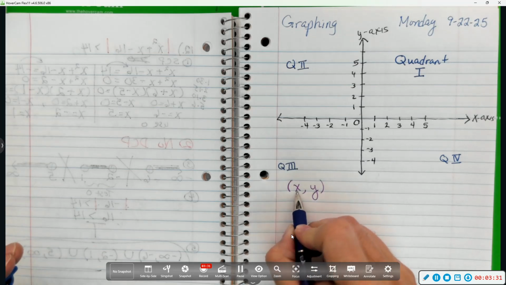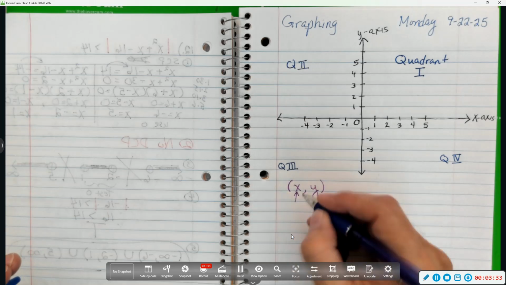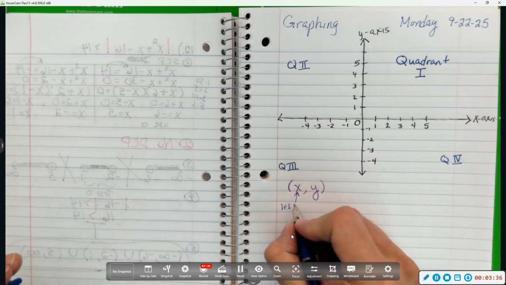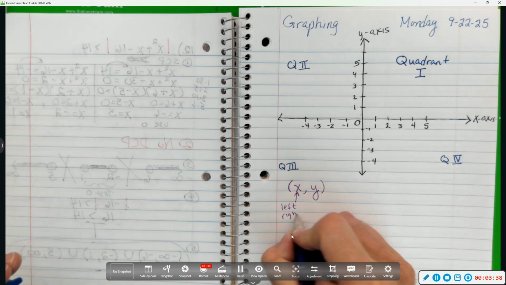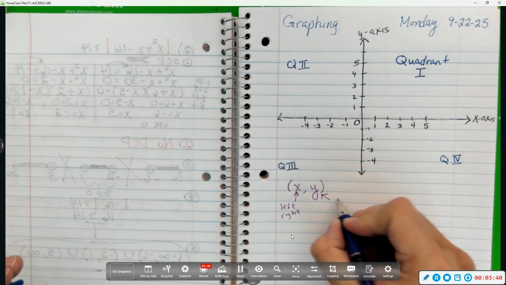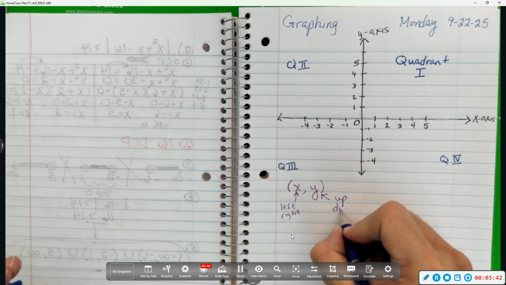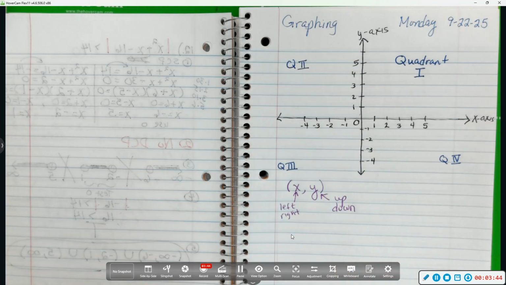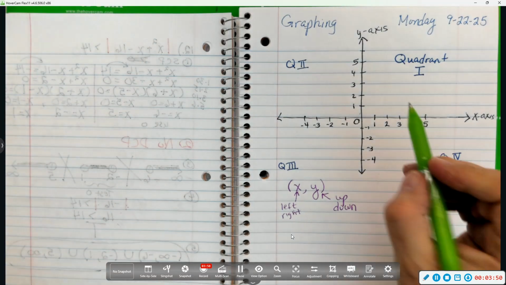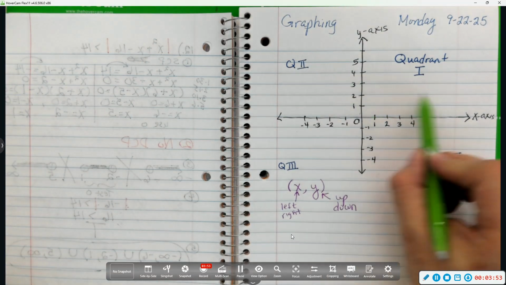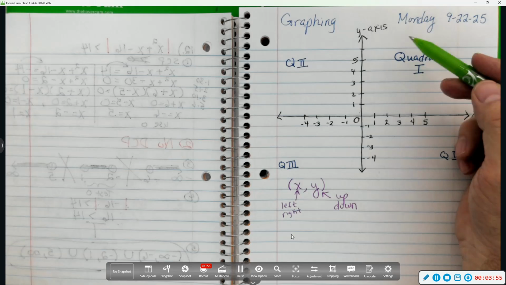The first number x tells us the left-right movement, and the second number y tells you up or down. If you had graph paper, you could see the little squares.